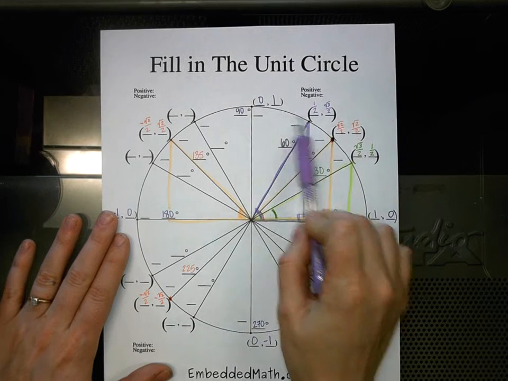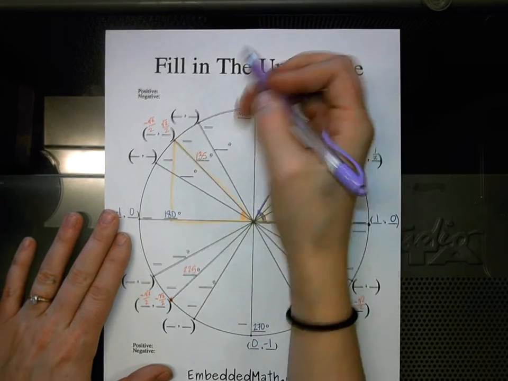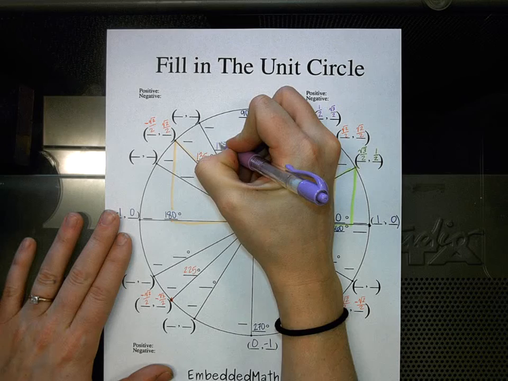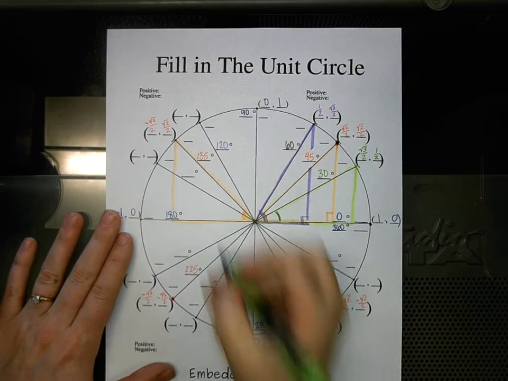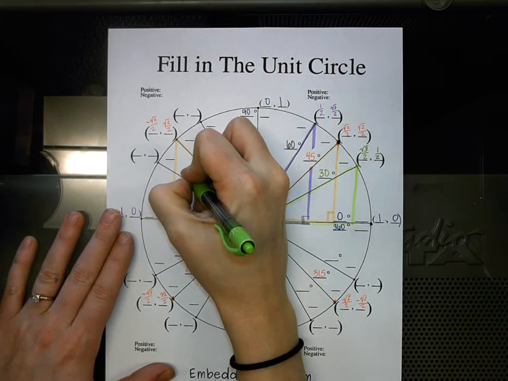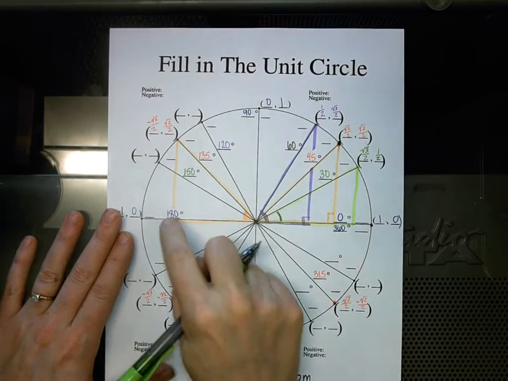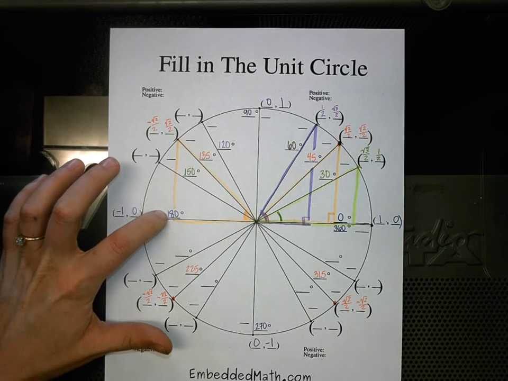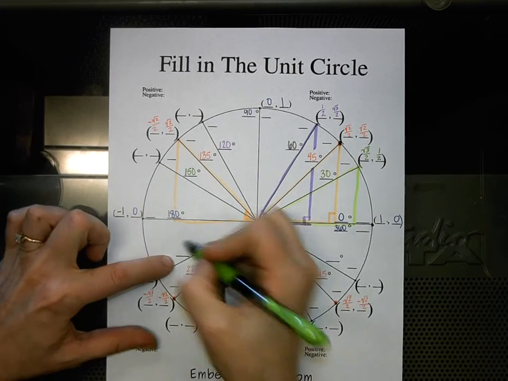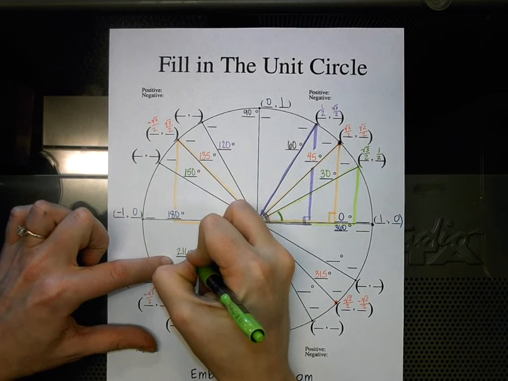So what is 90 plus 30? 120. Good. What is 120 plus 30? 150. 150 plus 30 is 180. What is 180 plus 30? 210. Good.